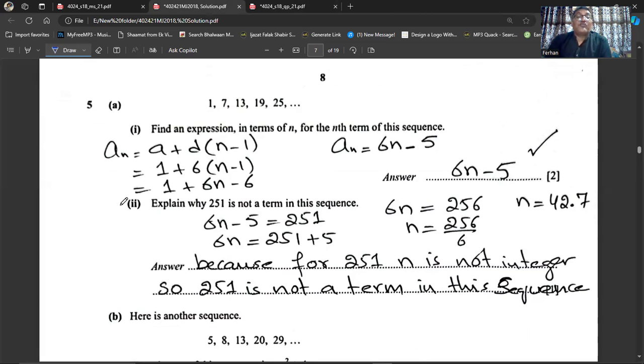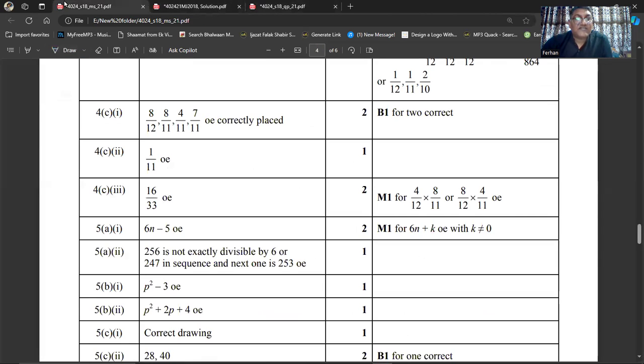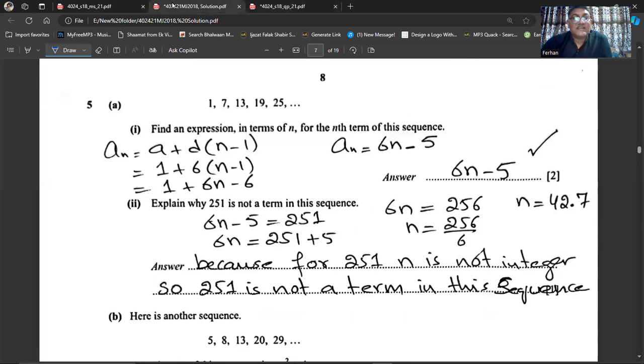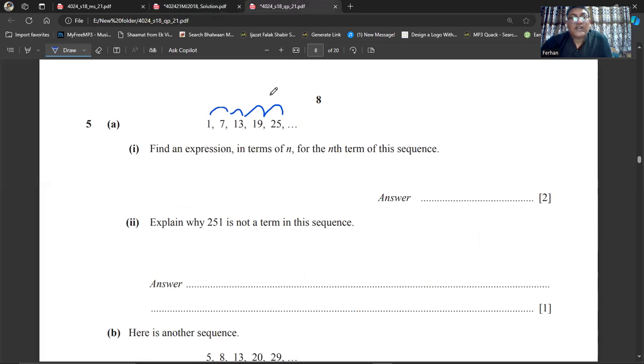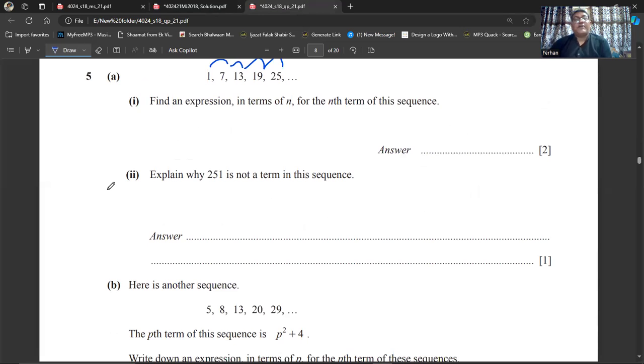So a plus 6 bracket n minus 1 bracket close, 1 plus 6n minus 6. So the nth term will be 6n minus 5. 6n minus 5 is the right answer, sir. This answer is right.